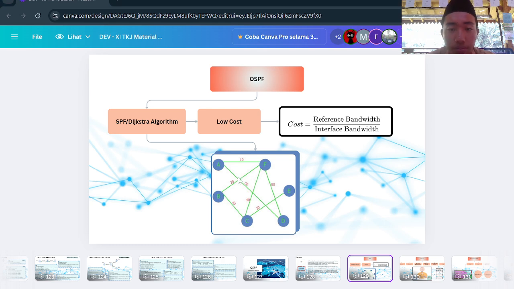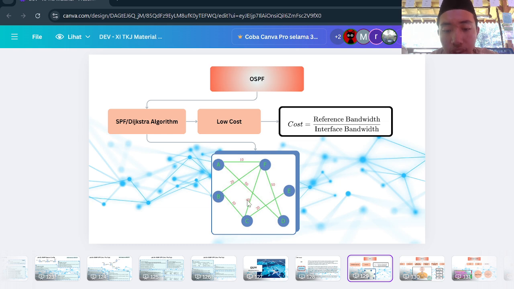As you can see here, there is the topology: A, B, C, D, E, F. If F wants to go to C, there are two ways of exchanging the information to C. The first is F to C directly, and the second is F to B and then to C. So first we count the metric for the cost.